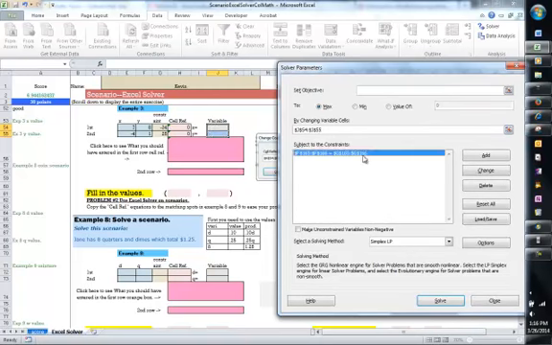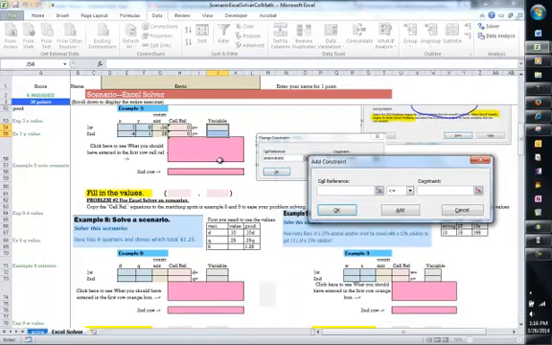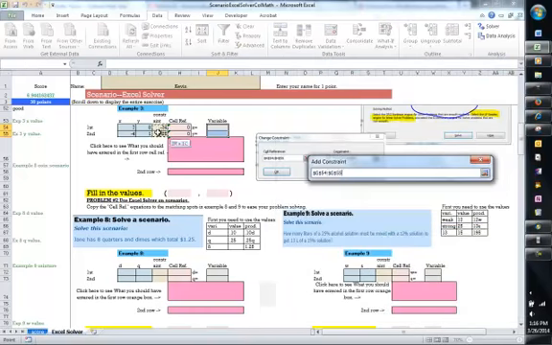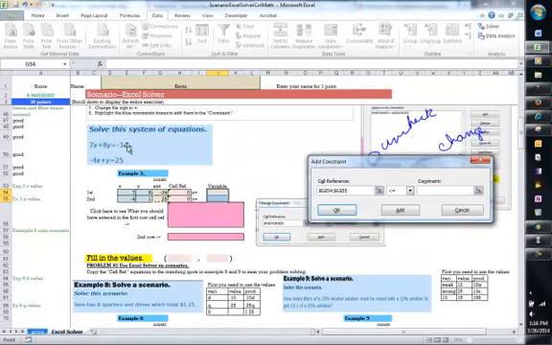I'm going to delete these constraints, and I'm going to make our first cell references be the coefficients of our equation, the negative 34 and the 25. I'm going to have those equal to our cell references that are formulas that we have.